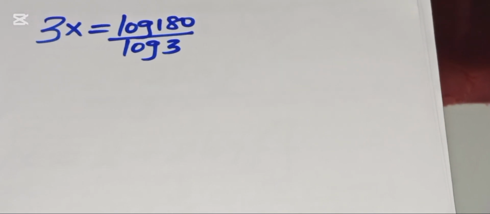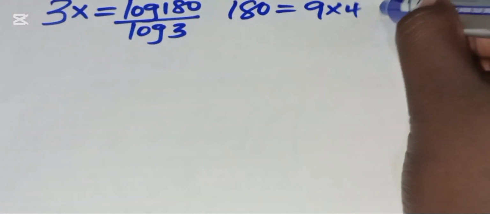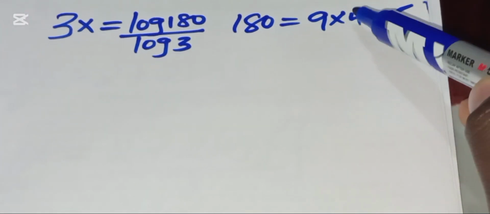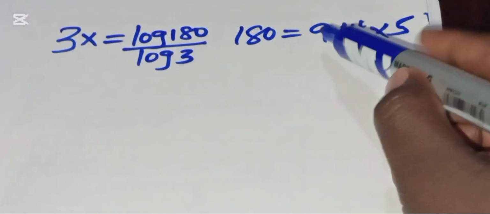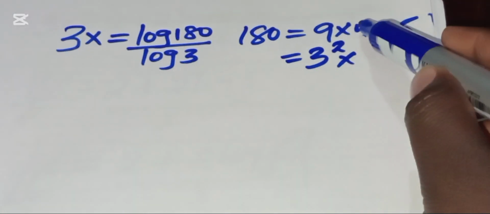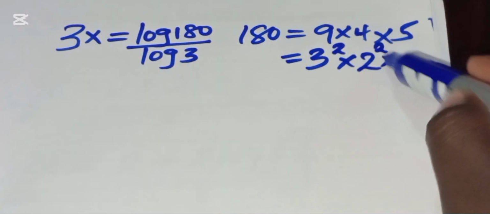Now 180 can be expressed as 9 times 4 times 5, of which 9 is the same thing as 3 squared, and 4 is the same thing as 2 squared.